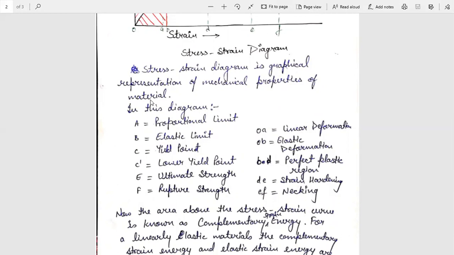The diagram begins with a straight line O to A, in which the stress strain relationship is linear. That is, strain and stress are directly proportional. Point A is marked as the limit of proportionality, beyond which the curve becomes slightly curved until point B, the elastic limit of the material, is reached.